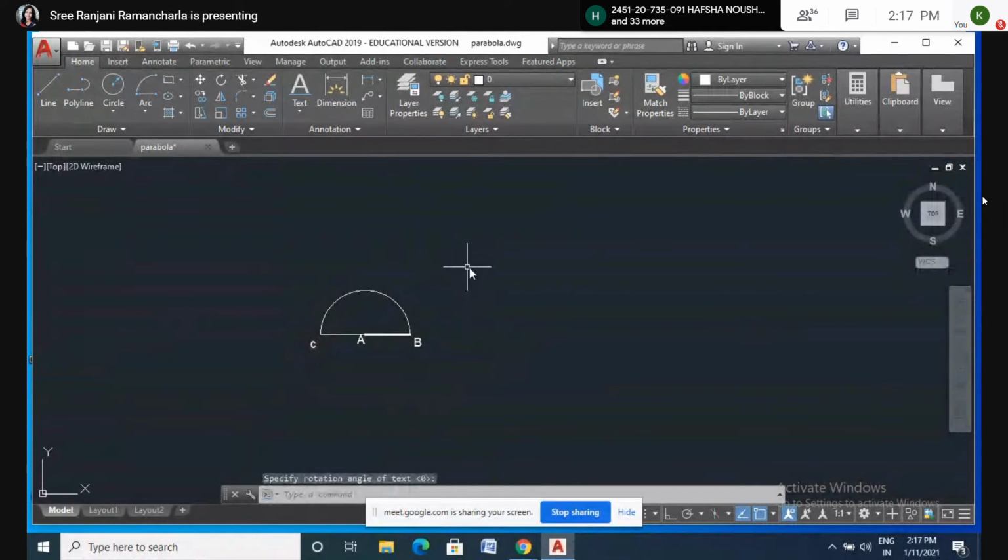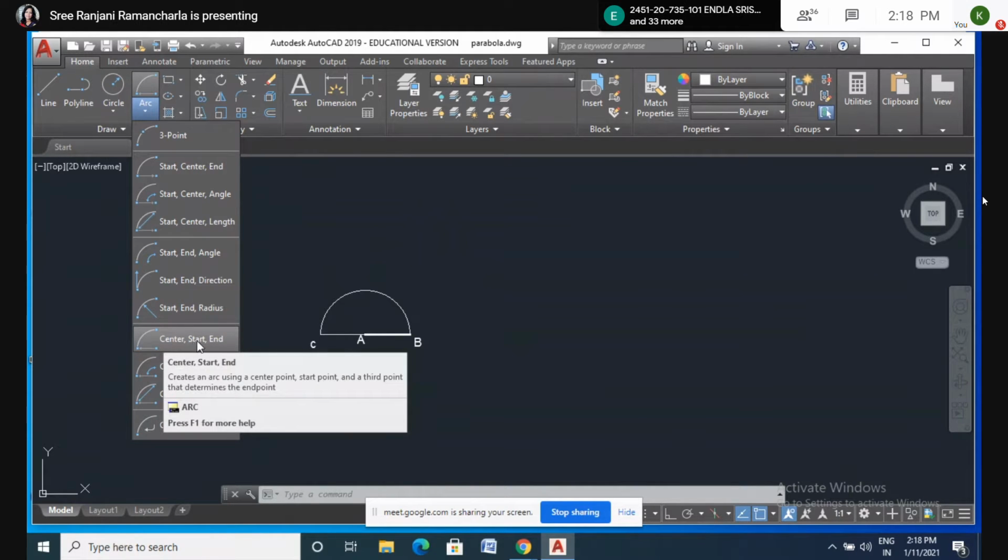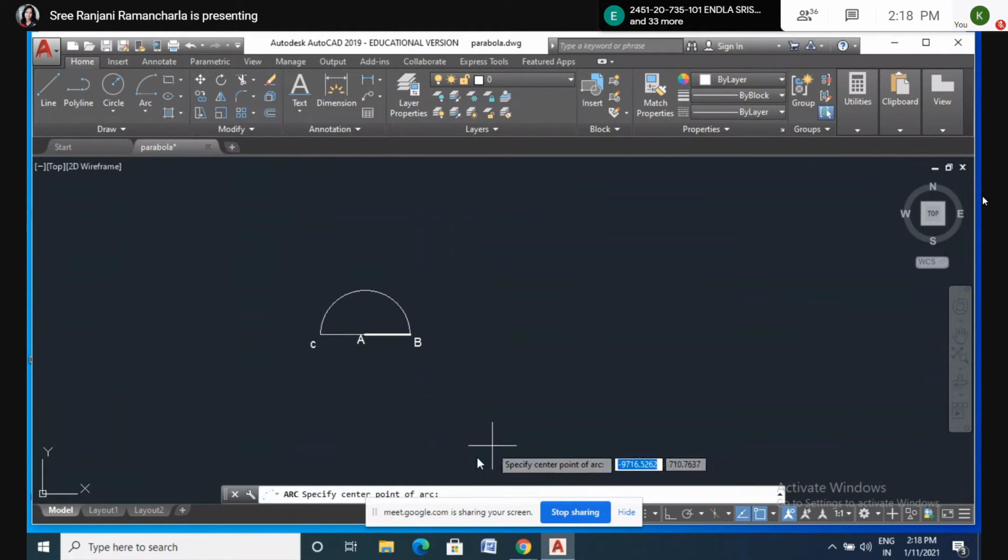Yes. Now here I want to take B as a center, and BC as a radius. Now I will go to the arc method, and this one I want to take center, start, end. This I click. Then it is asking center. Now what I told, center is B.